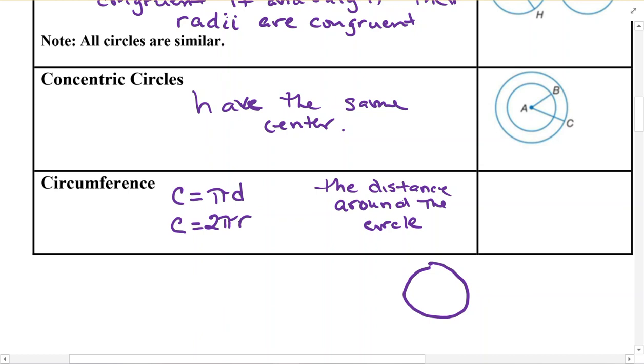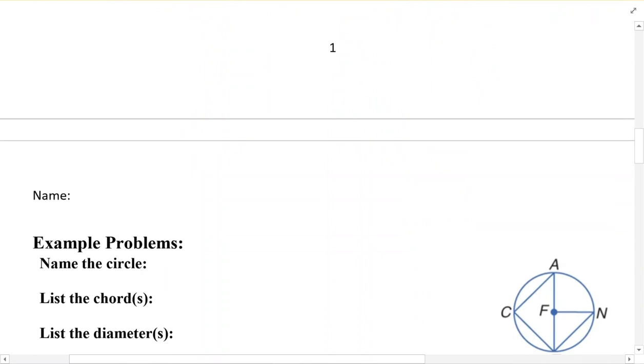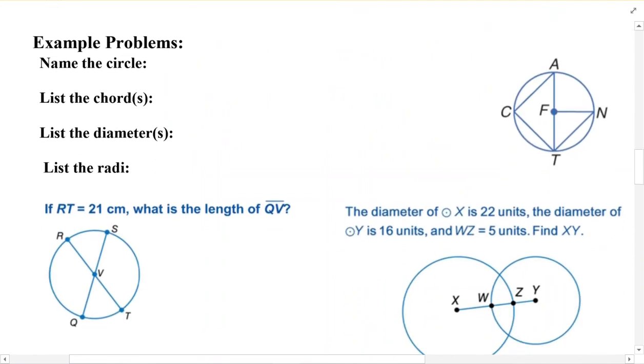So let's look at a few example problems. Looking at this first circle here, if I was going to name the circle, it would be circle F. The chords in this circle would be AC or CA, CT. Doesn't matter which order you do it in. You could do TC, AT, and that's it in this picture.